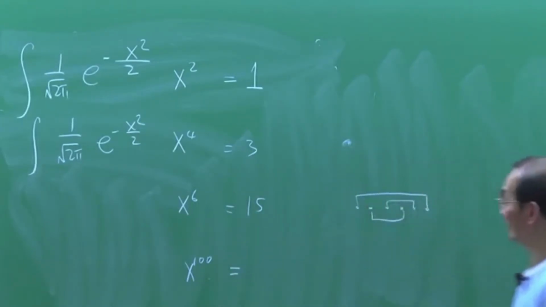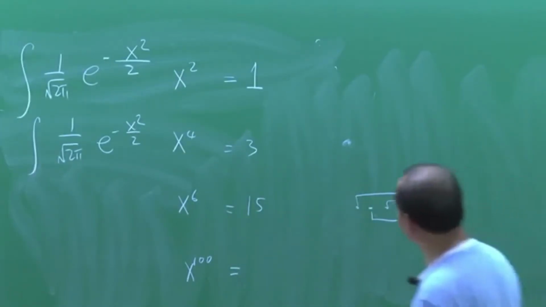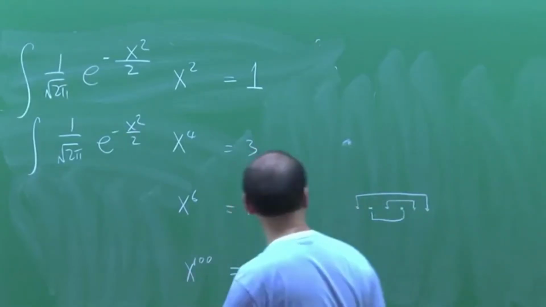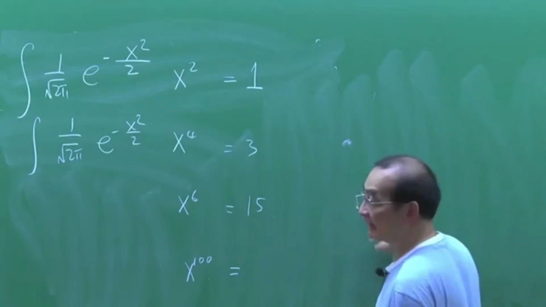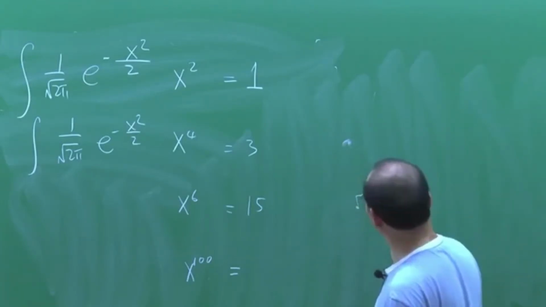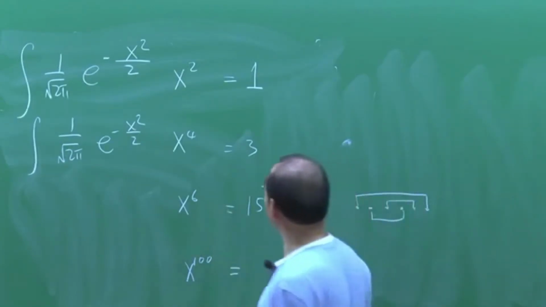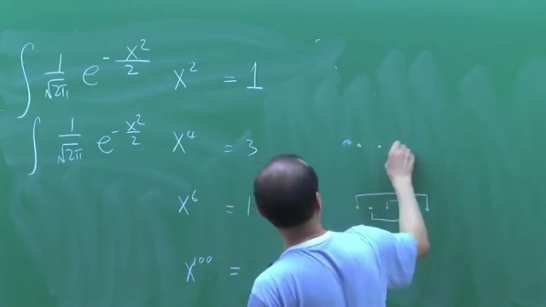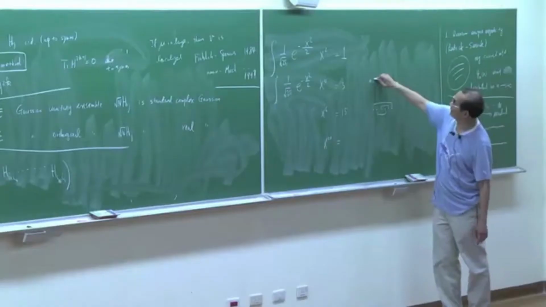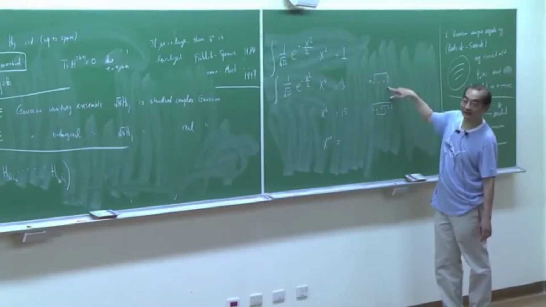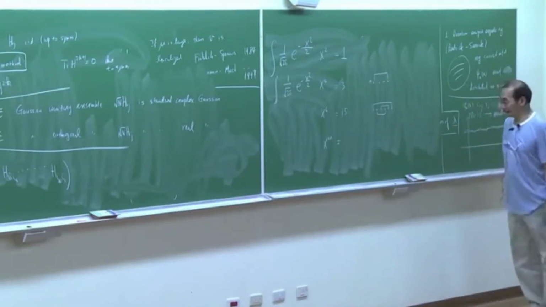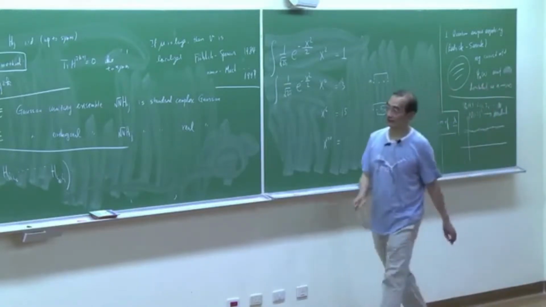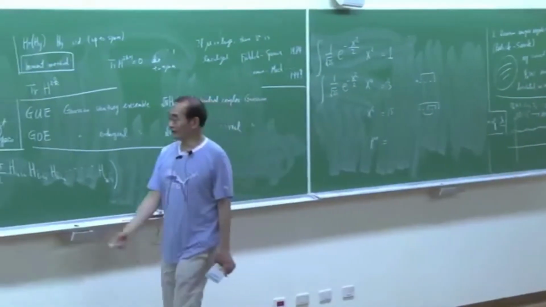A Gaussian random variable has this nice property: you can just pair and count the number of pairings, and you get all these numbers. For x to the 4, you have 4 of them and 3 choices of pairing, so that's why it's 3.